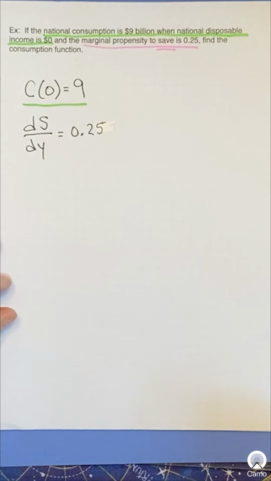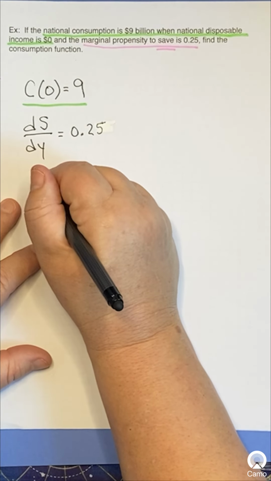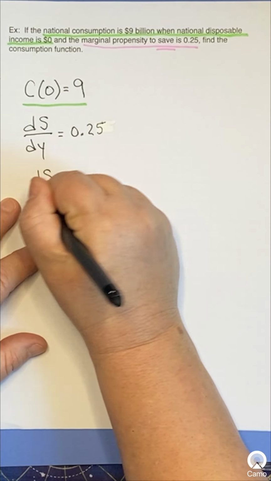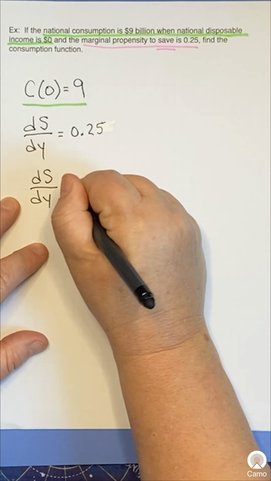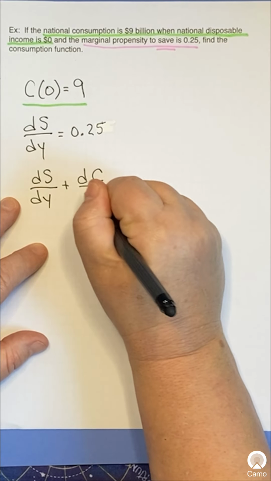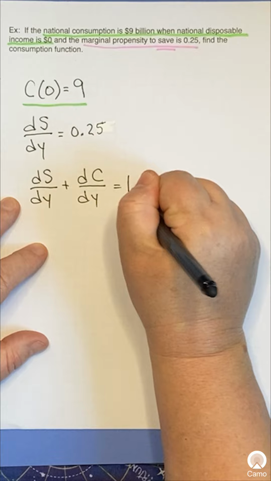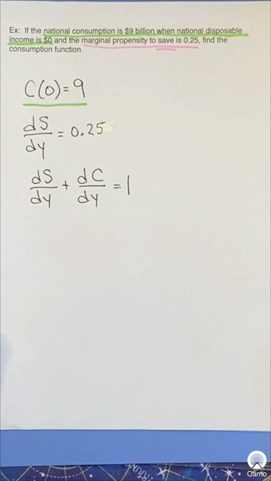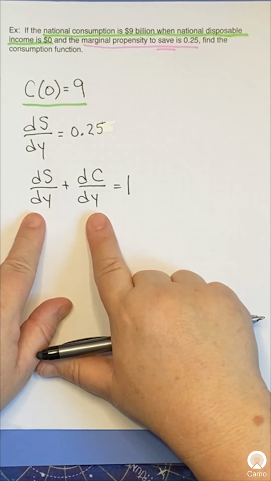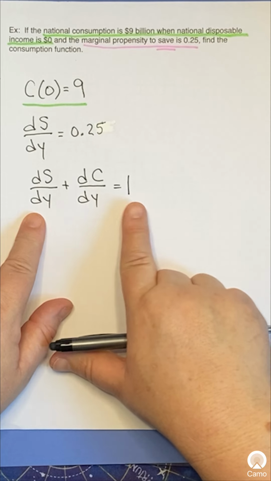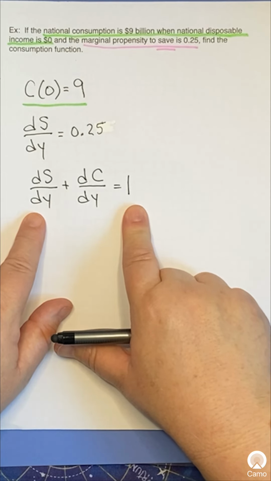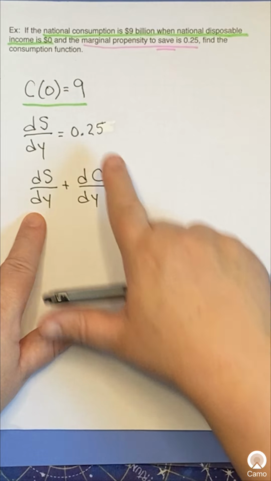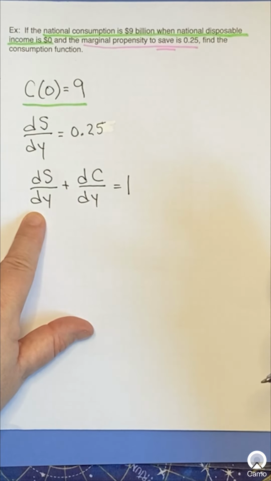So I'll remind you that ds dy and dc dy are related in this equation, that basically they add up to, and I always think of it as 100%, 1. So 0.25 is 25%.